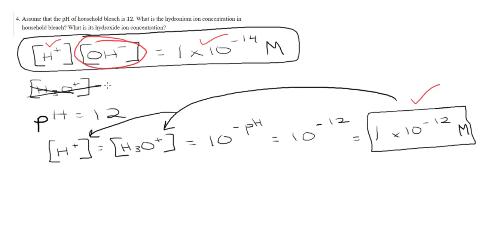I am going to divide both sides. All right, let me use green. I like green. I'm going to divide both sides by the hydrogen ion concentration.